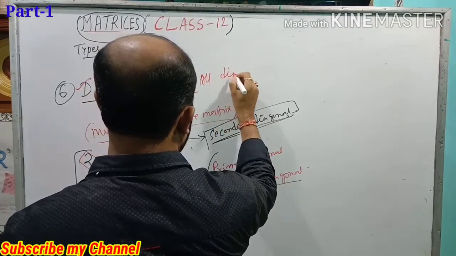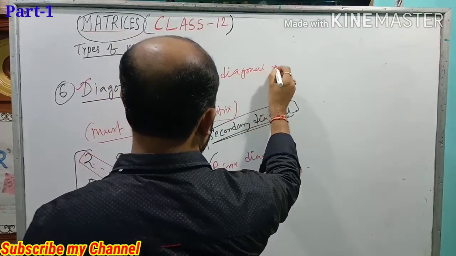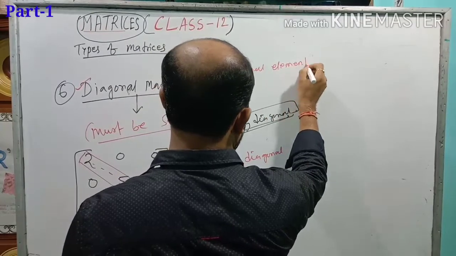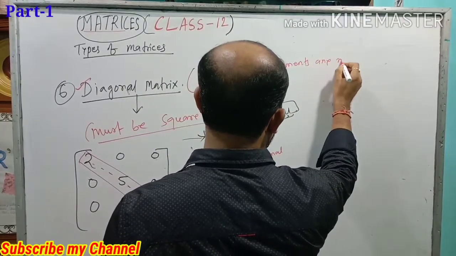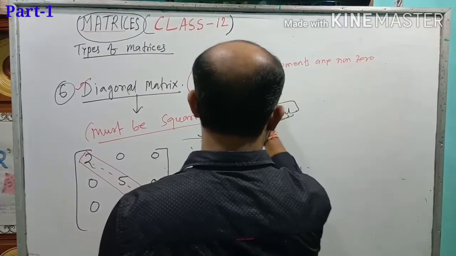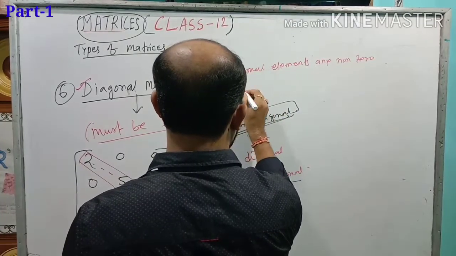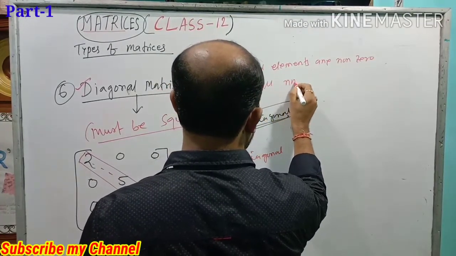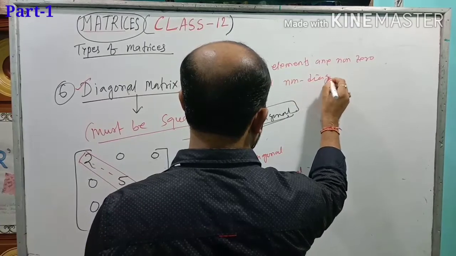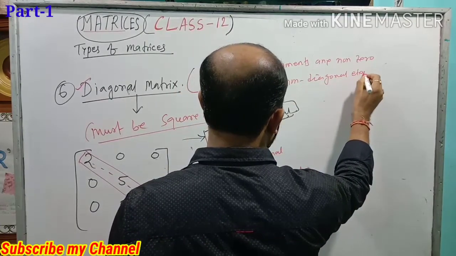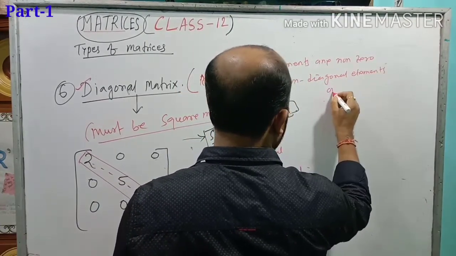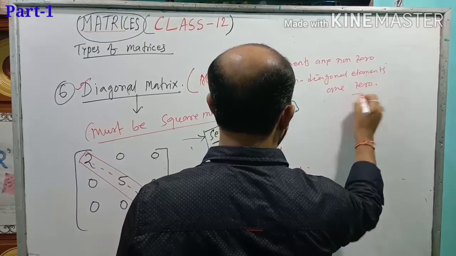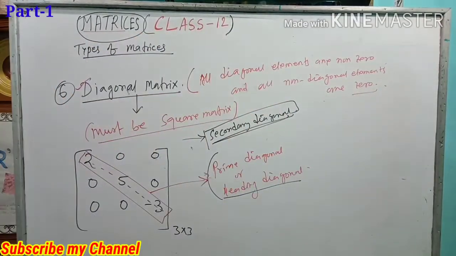All diagonal elements are non-zero and all non-diagonal elements are 0. This is the definition of a diagonal matrix.